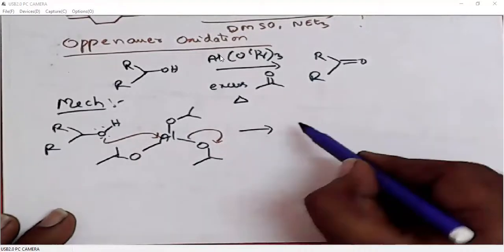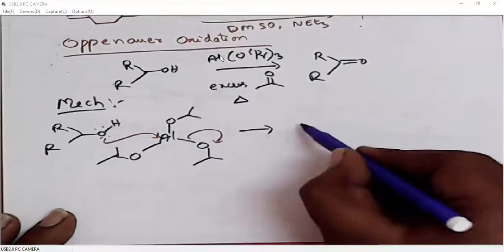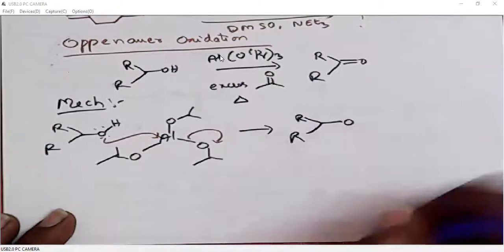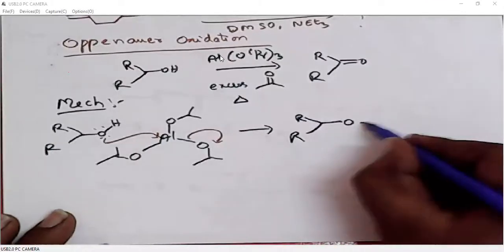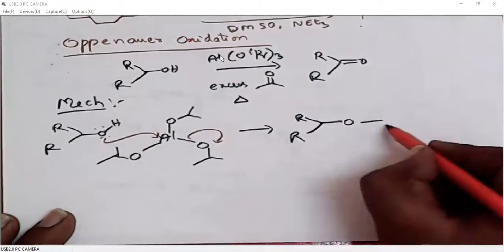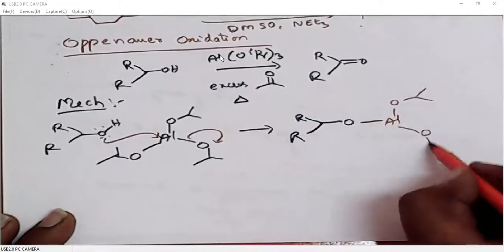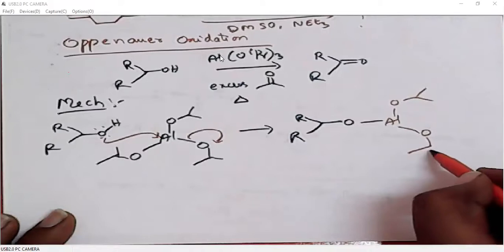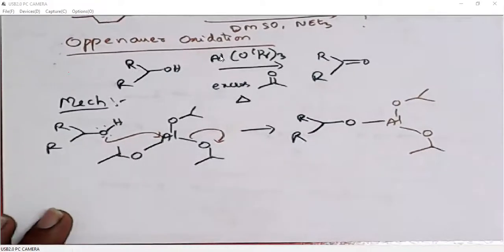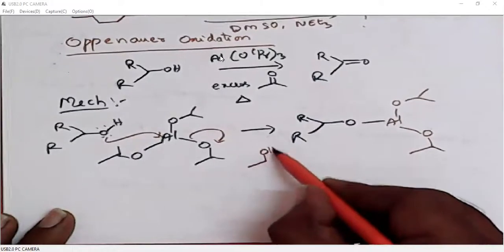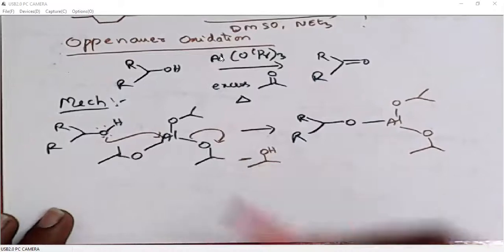So we can also remove this proton, right? So when we do this, there is a bond between the alcohol and aluminum, and isopropanol will be leaving.